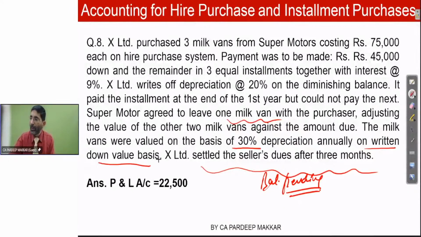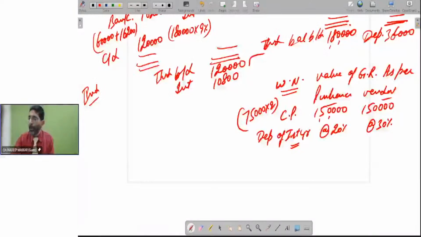You must check it out, beta. 20% on diminishing balance method, that is return on value method. If method is different, also you have to calculate depreciation accordingly. You must check it out on WDV. So this is 30,000 beta, first year depreciation, and this is 45,000.